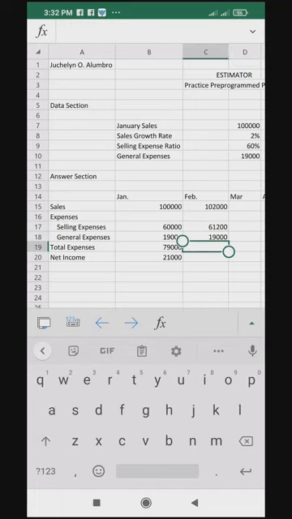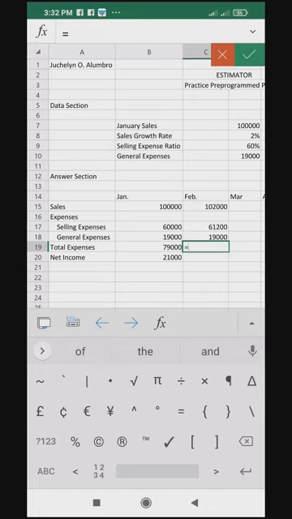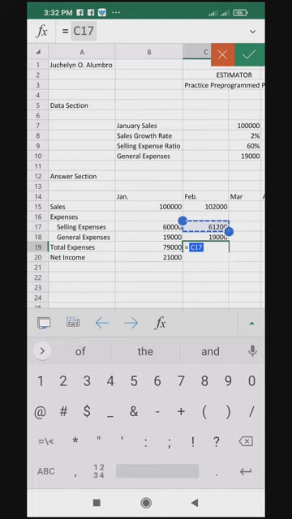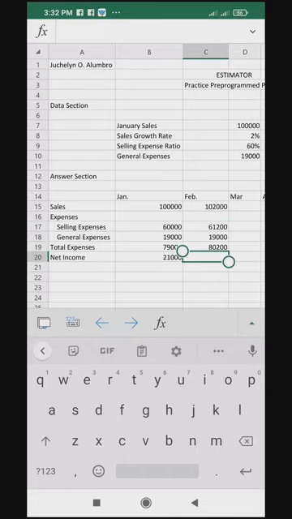The general expenses is equal to D10, which is 19,000. So the total expenses for the month of February is equal to C17 plus C18, equal to 80,200.